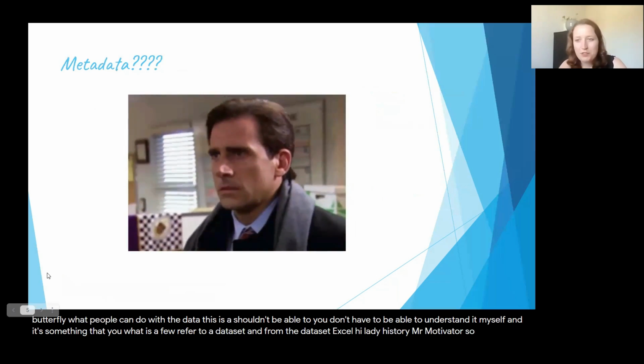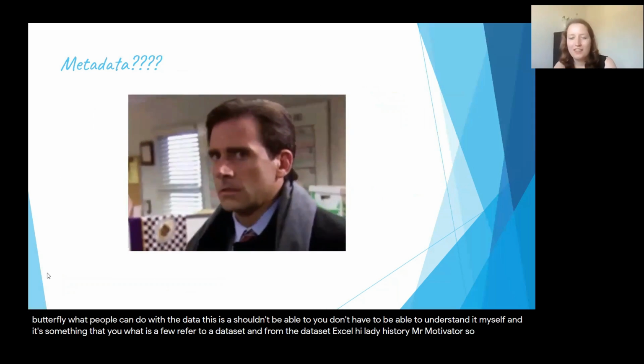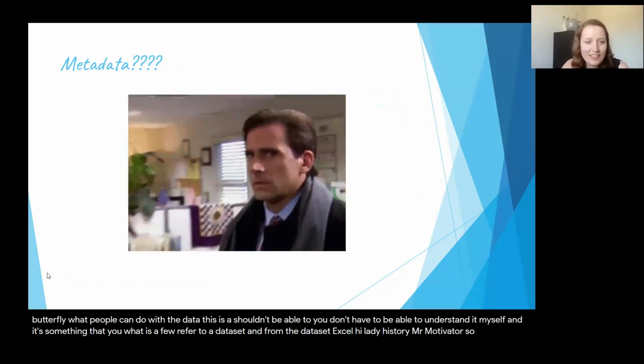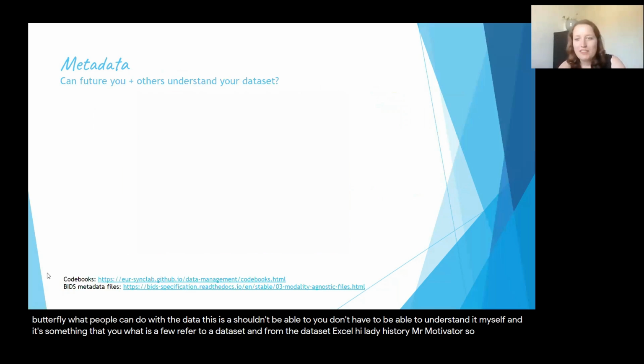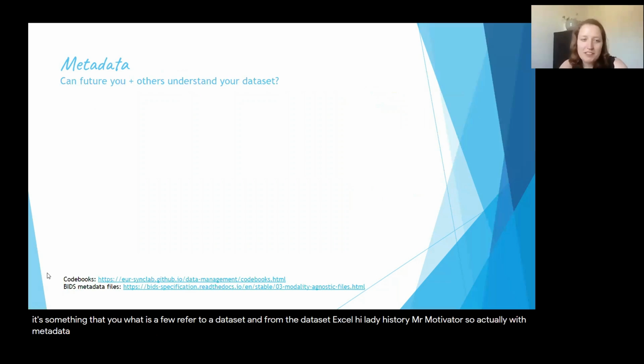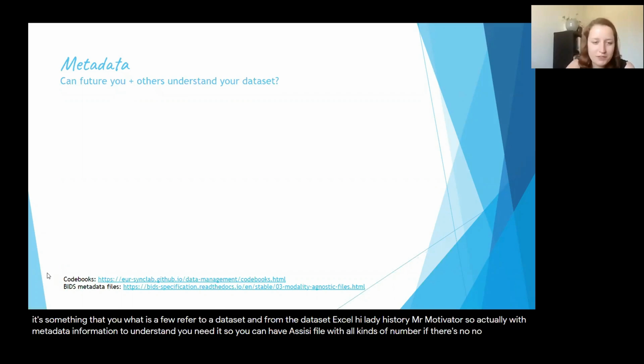One term that is often a bit ambiguous is metadata. Metadata is information created for you, and maybe also for computers, to understand your data sets. You can have a CSV file with all kinds of numbers, but if there's no metadata, you have no idea what the data are about.